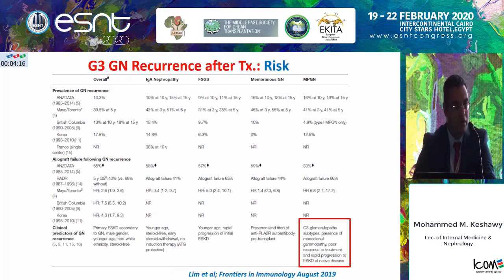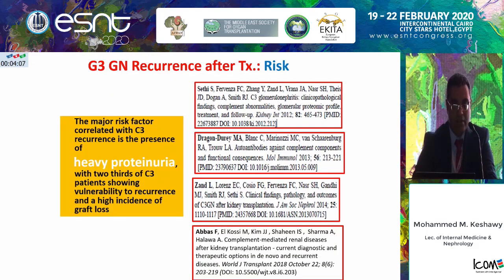And what about the recurrence of C3? C3 glomerulopathy itself is a strong risk factor for recurrence in MPGN cases, and the major risk factor correlated with C3 recurrence is the presence of heavy proteinuria.